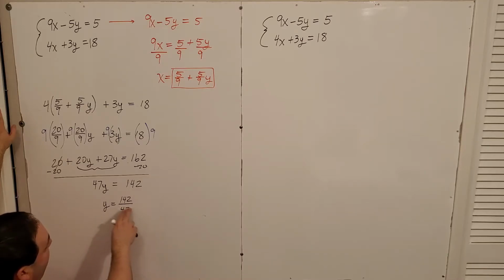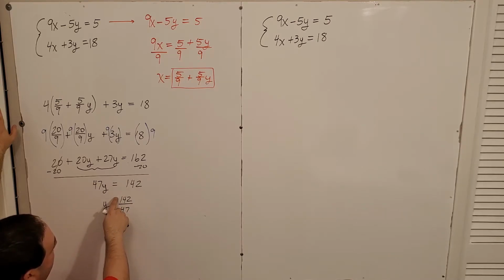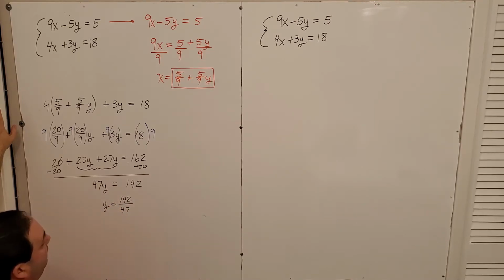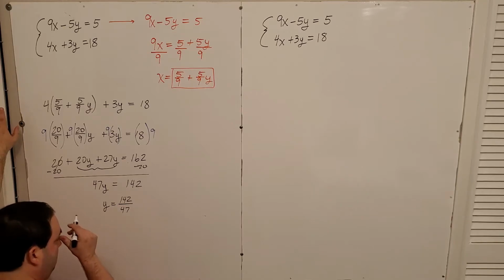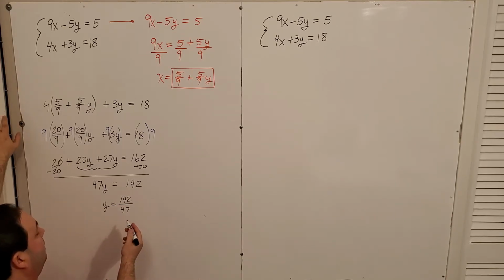So 47 doesn't break down into anything. And the closest this would get is 47 times 3, which is not 142, right? More like 141, but okay, so this isn't going to reduce, and I'm going to leave it as such.